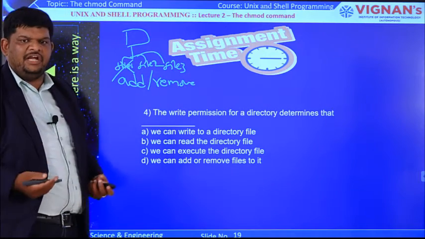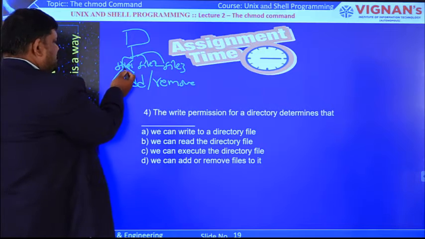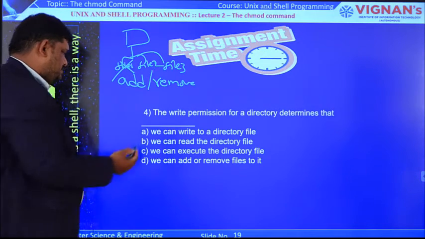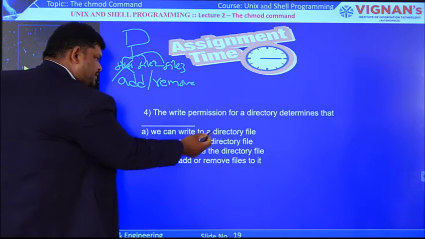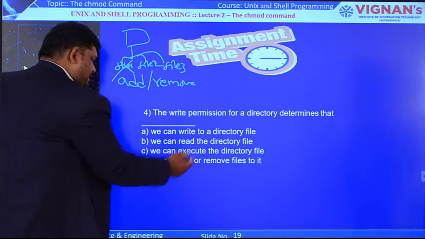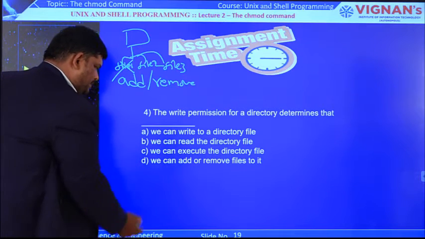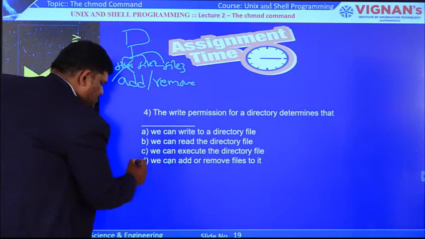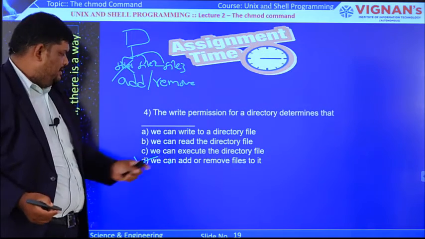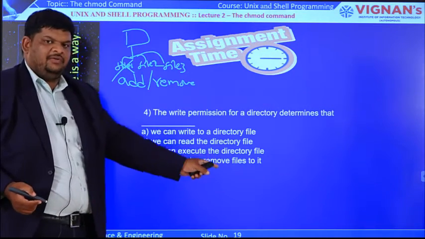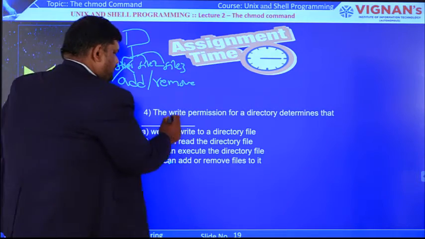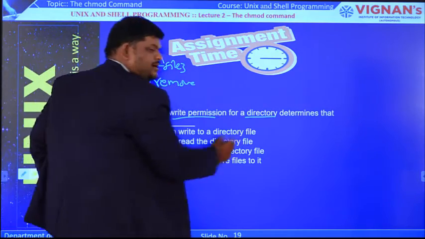If you don't have write permission, then we are unable to remove and unable to add. So the answer is: we can add or remove files. The answer is D. This is possible when we have write permission for a directory.